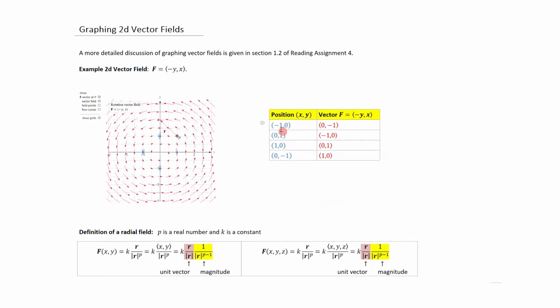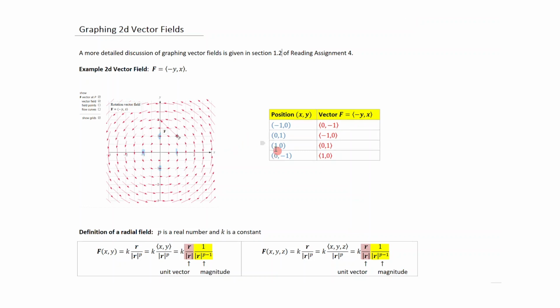So that means that minus 1 becomes the y component of the vector field and 0 becomes the x component. So this becomes a vector field 0, minus 1 at location minus 1, 0. So minus 1, 0 is here. And you'll notice that the vector field happens to be pointing downwards, that is, in the direction of minus y. In this case, minus 1 and 0.